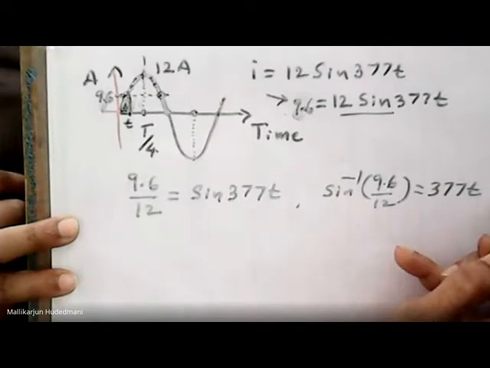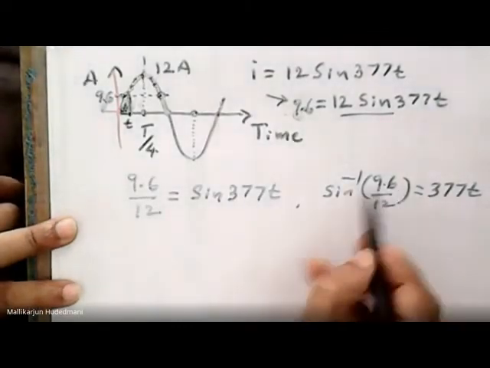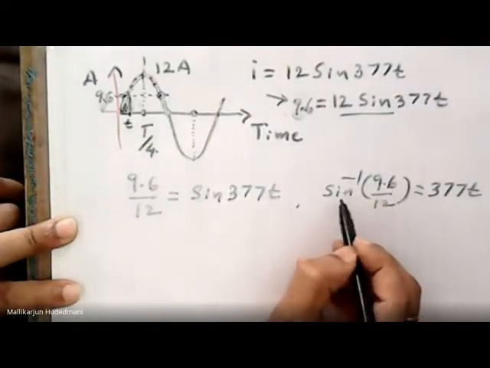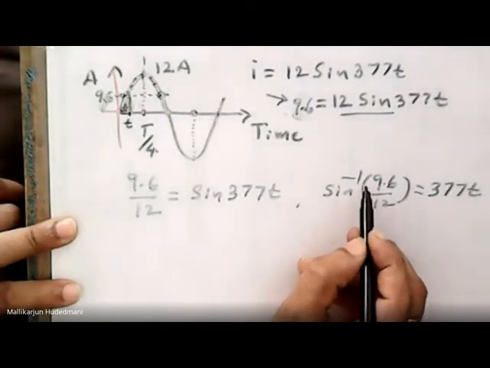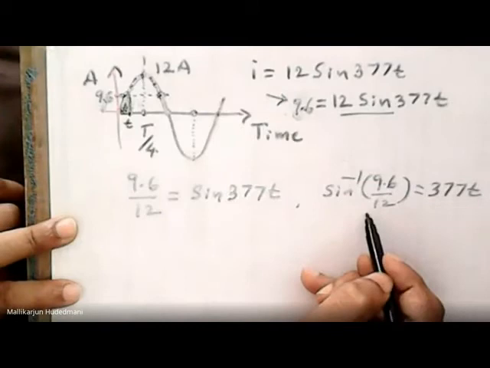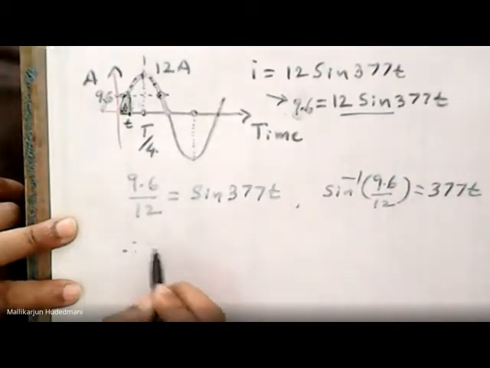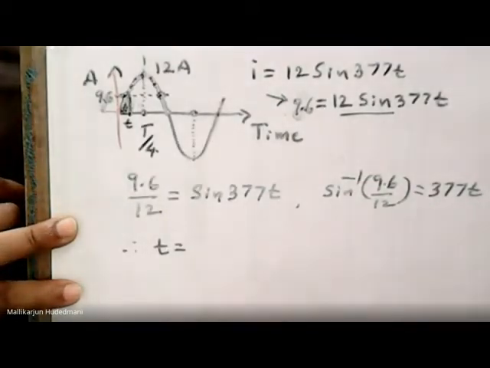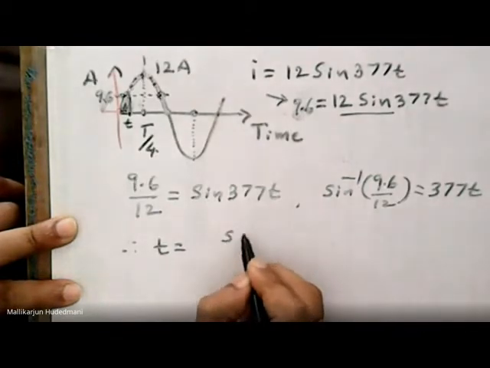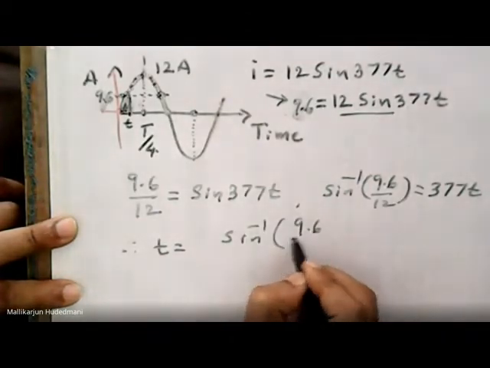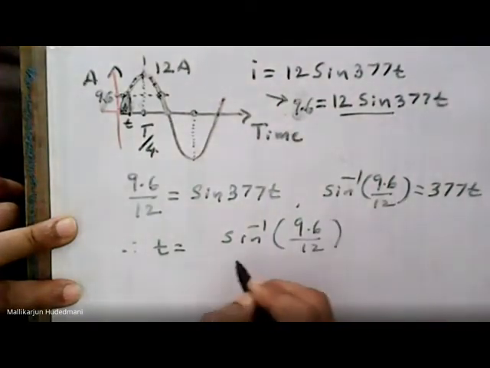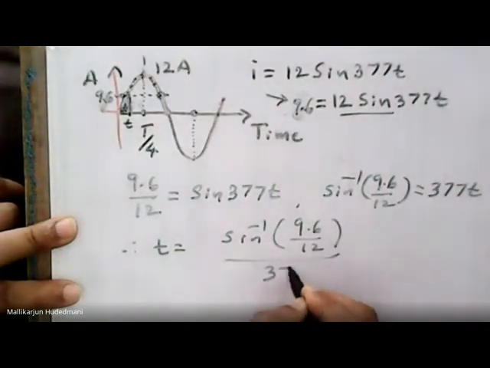First time we have to understand, then it will be easier. Then I have to numerically solve this. Inverse sine of 9.6 divided by 12 gives a constant. That constant divided by 377, I'll get t. Therefore, t equals inverse sine of 9.6 divided by 12, whole divided by 377.